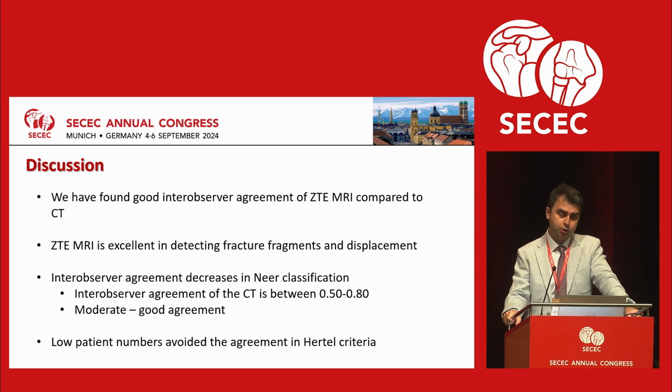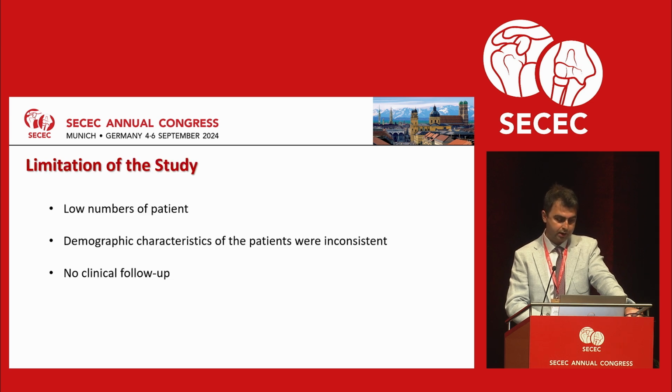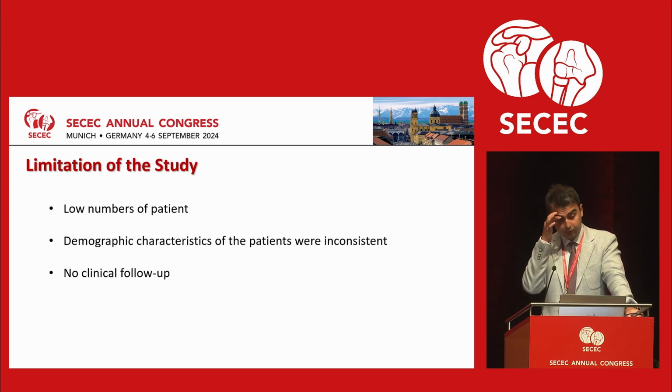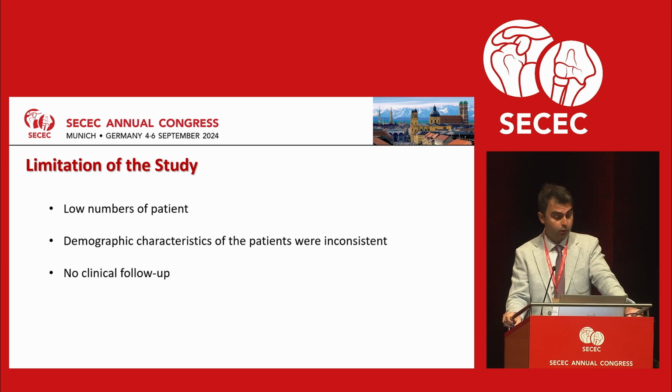Of course, our inter-observer agreement decreased in Neer classification, as you all know, even with gold standard CT, it's reported as moderate to good agreement in the literature. And low patient numbers limited the agreement in Hertel criteria in our 3- and 4-part fractures. So we had low numbers of patients, and demographic characteristics of the patients were inconsistent.